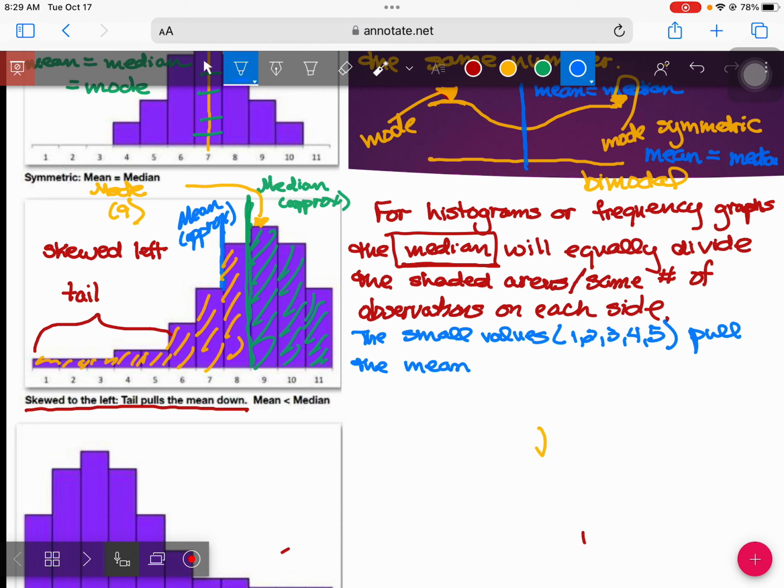To a value smaller, okay. Pull the mean to a value smaller than the median.